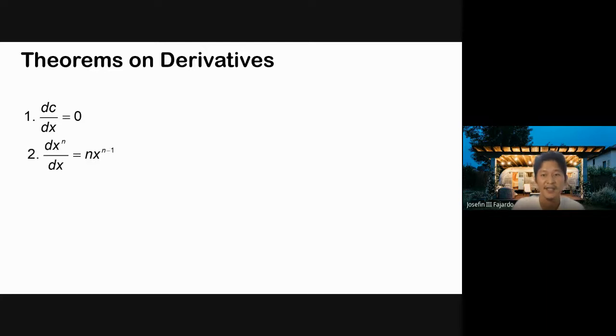Ito yung pinaka magandang gamitin, that if you have the derivative of a power raised to n, any n, actually n can be any real number. So, the derivative of x to the n will just be, we just bring down, mapapansin niya, binaba ko lang yung n, kinopya ko lang yung previous exponent, and then I subtracted the previous exponent by 1.